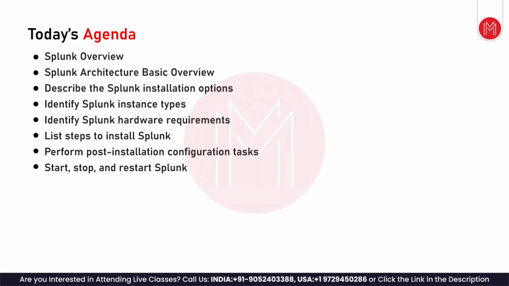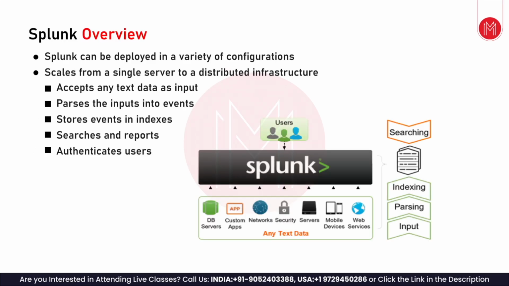If you see the Splunk overview, we have different options from where we can get the data into Splunk. It can be from DB servers, custom applications, network, security, servers, mobile devices, web services. So there are different sources from which we get the data into Splunk. For example, as I discussed in the earlier class, if I want to get the data from your laptop, I can install some software on your laptop, that will be the universal forwarder software.